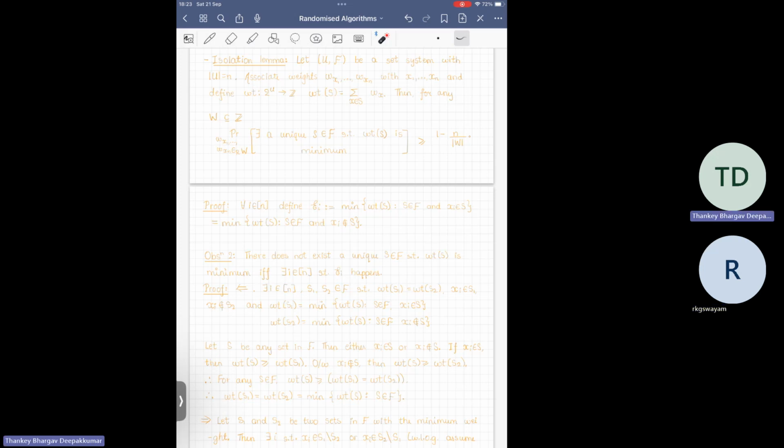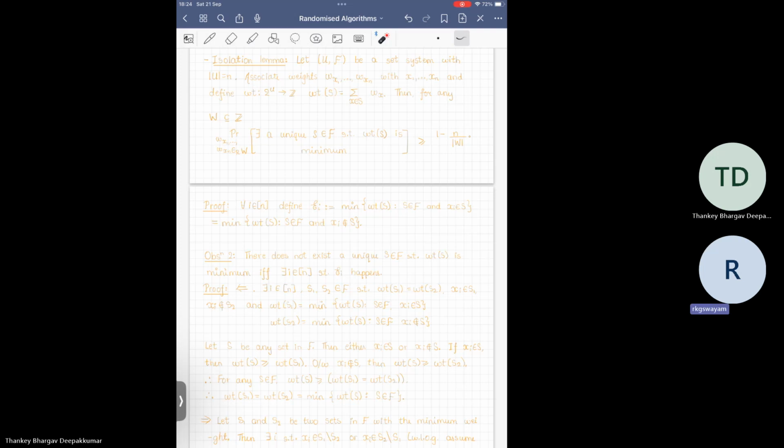And remember that checking a perfect matching was fine, but to find a perfect matching, we crucially require that unique minimum weight thing. Otherwise you would end up adding edges from multiple perfect matchings to your output, right?